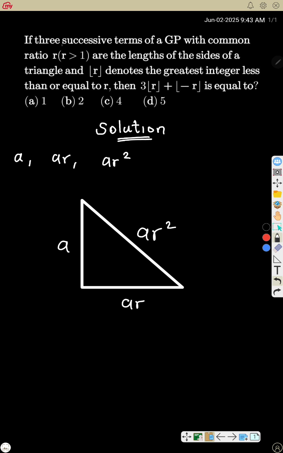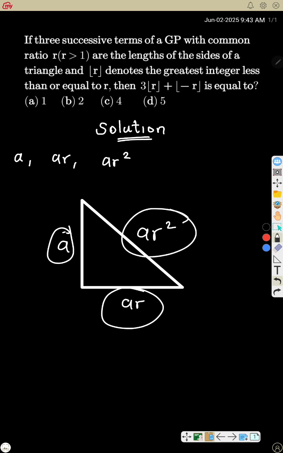So according to the question, if three successive terms of a GP with common ratio r are the lengths of a triangle, so I assume the triangle to be this. And the floor function denotes the greatest integer less than or equal to r.